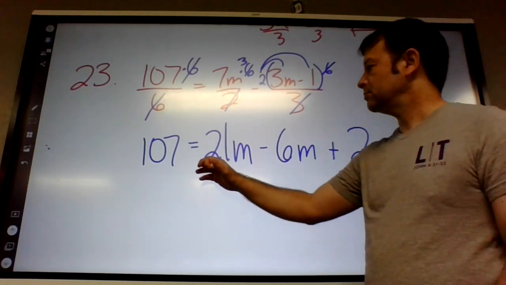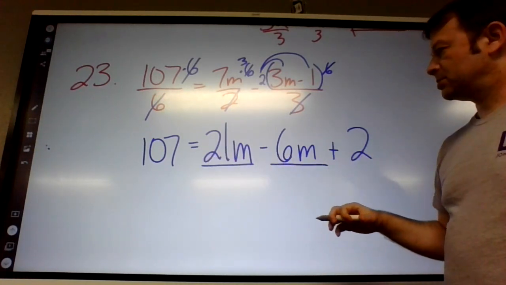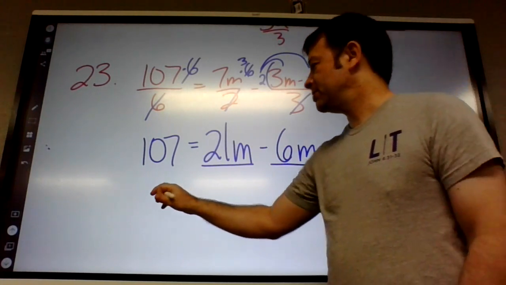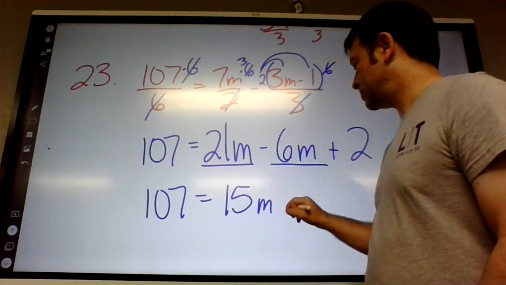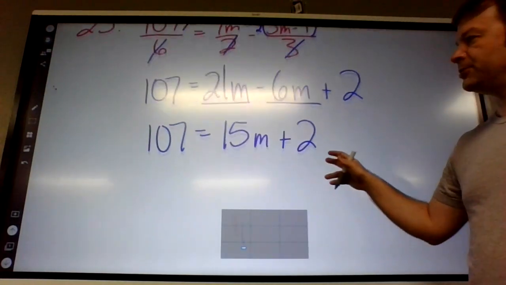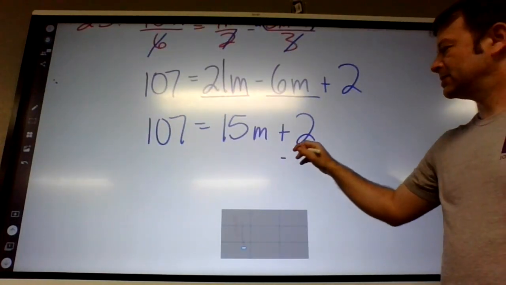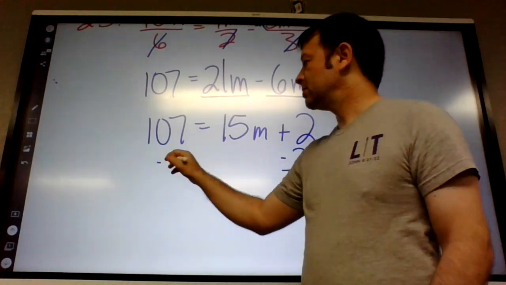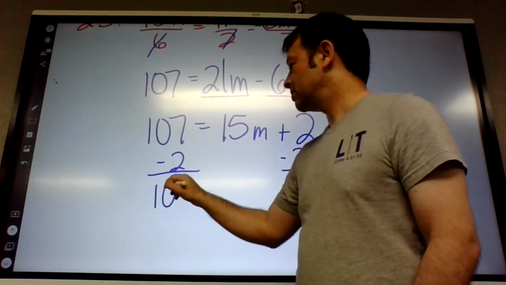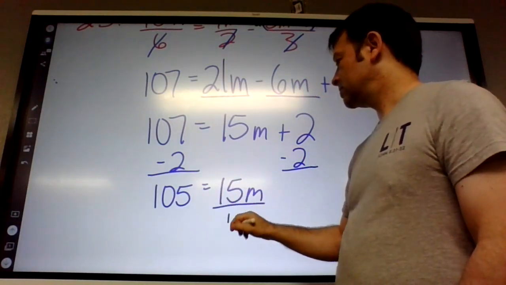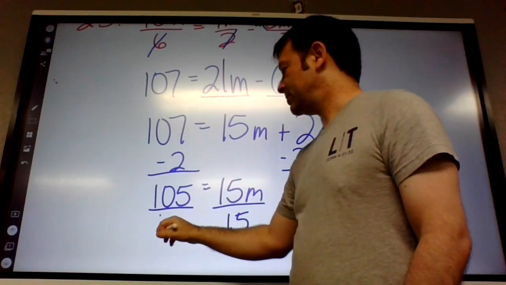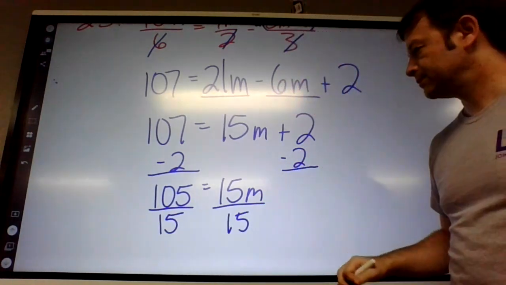You would add like terms, or subtract, like 21m minus 6m is 15m. Okay, now we're down to a basic equation. Now you subtract 2, and then you would divide 15. How many times is 15 going into 105? 7.